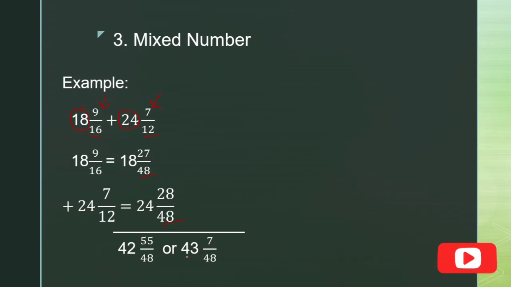So naging 43. But naging 43 kasi nga meron siyang additional na one whole number. Okay, so the denominator is 48 pa rin. And our new numerator is 7. So, ito yung simplest form ng 42 and 55 over 48. So, this would be our answer.